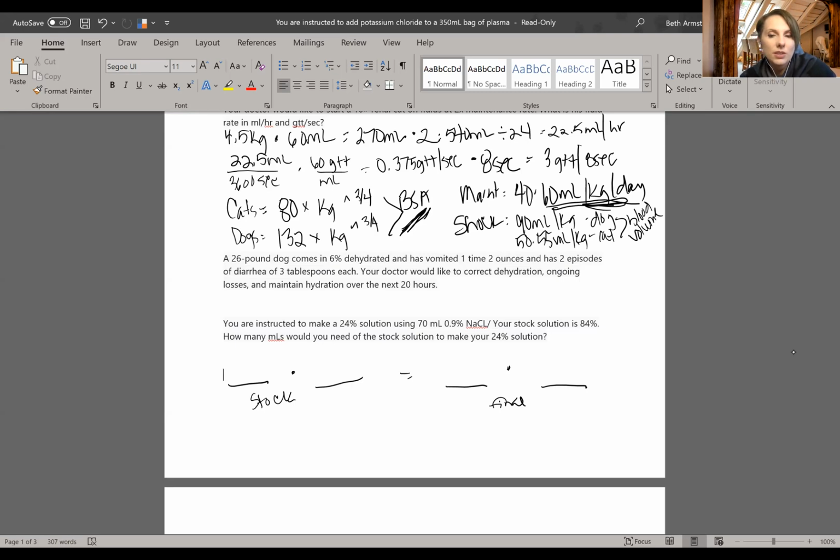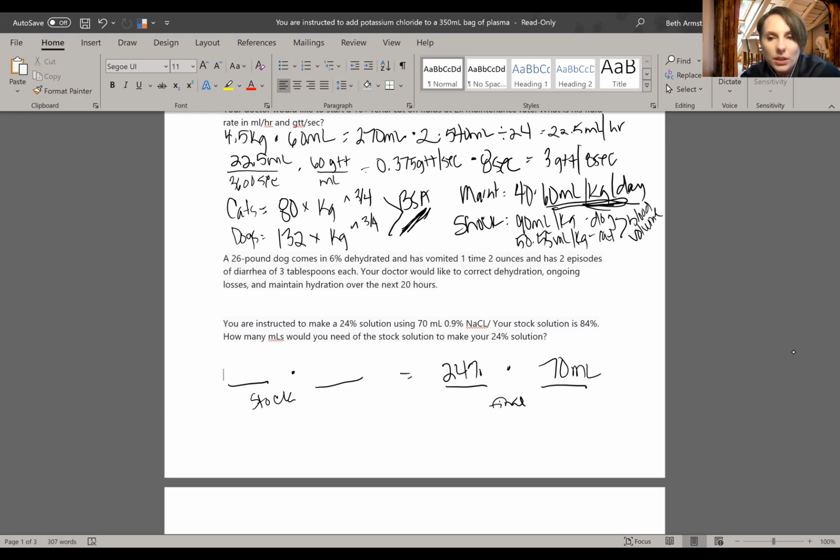We then put our concentration, 24%, over here, with 70 mLs. That's what we're going to want to make, right?